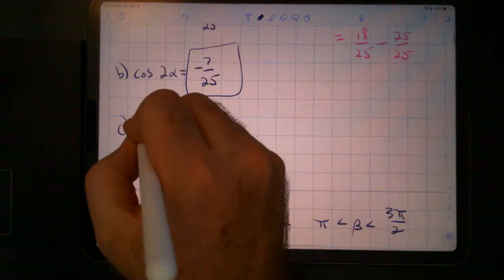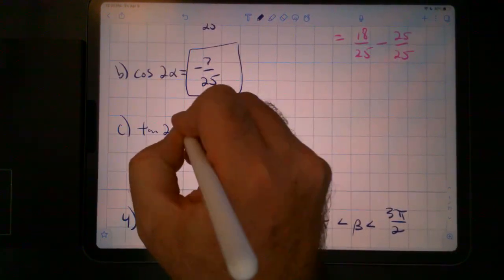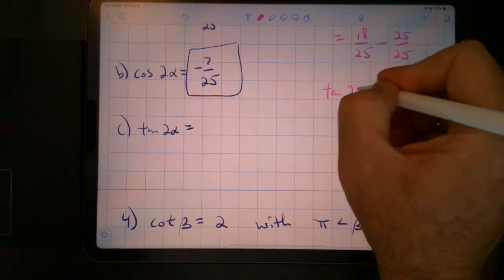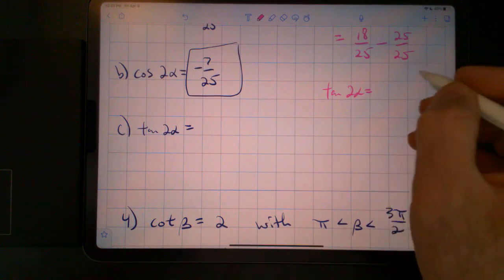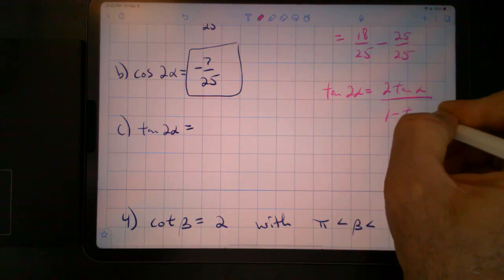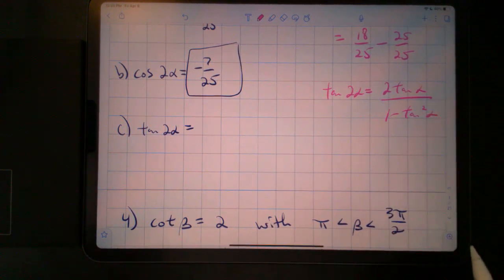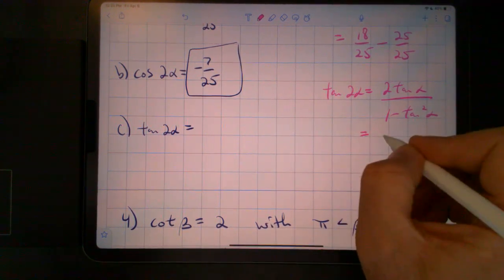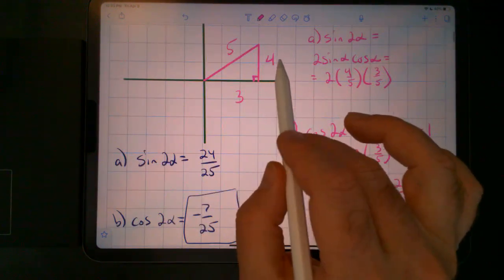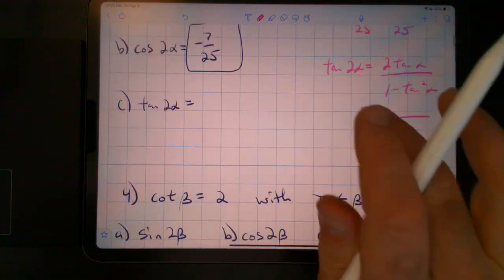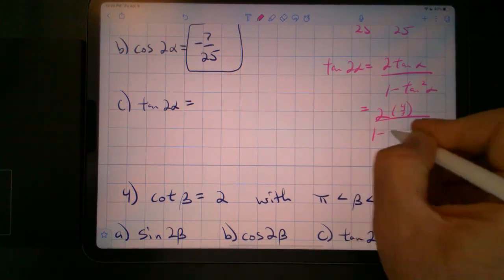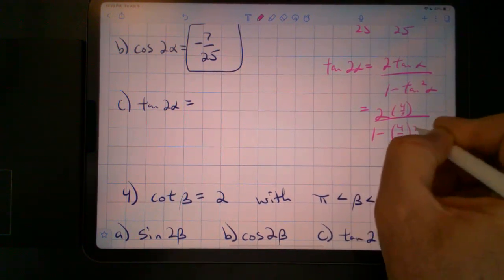Then we need tangent of 2 alpha. So we have 2 times tangent of alpha. Tangent is going to be opposite over adjacent, 4/3, divided by 1 minus 4/3 squared.